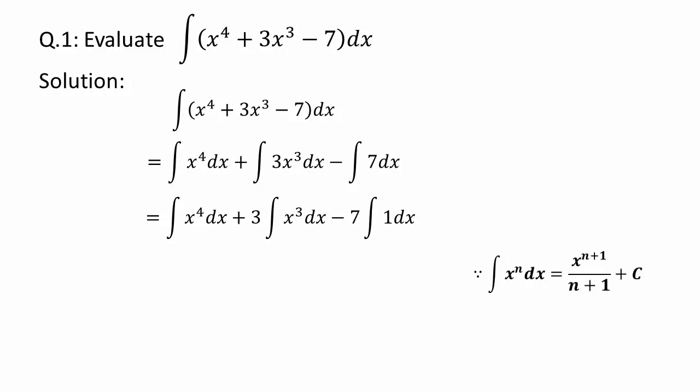Now by using the power rule, x power n dx is equal to x power n plus 1 divided by n plus 1 plus c. So we can write x power 5 by 5 plus 3 x power 4 divided by 4 minus 7 times the integration of 1, which is x, so minus 7x plus constant of integration c.